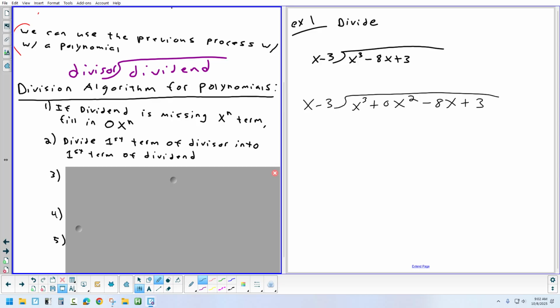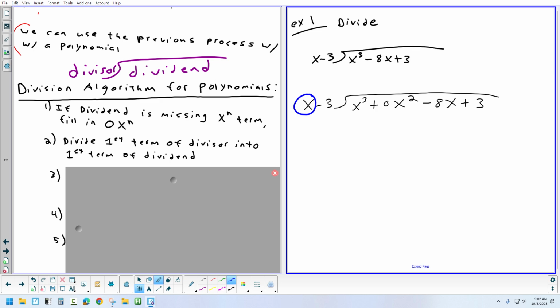The second step, you're going to take the first term of the divisor, x, and you're going to divide that into the first term of the dividend. So you're dividing x into x cubed. That would look like that. So let's simplify that. What's x cubed divided by x to the first?